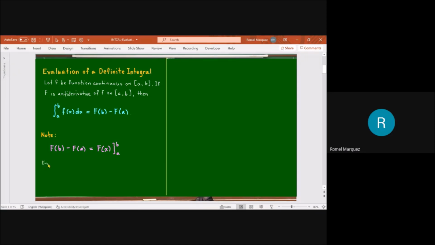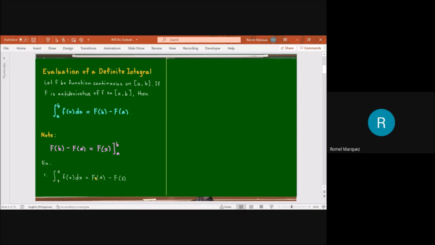So let's illustrate that. Let's say I have this definite integral from, let's say, 2 to 4 of small f of x dx. So it means it is equal to capital F of 4 minus capital F of 2.